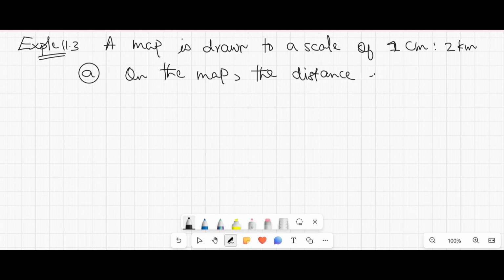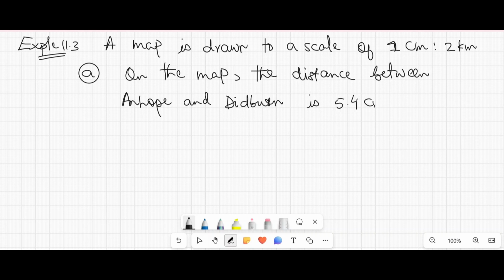The distance between the two cities on the map is 5.4 centimeters. So you can think there are two cities, city one and city two, and on the map the distance between them is just 5.4 centimeters.